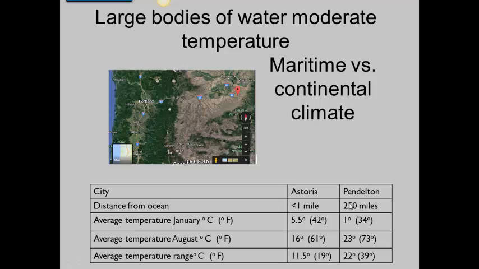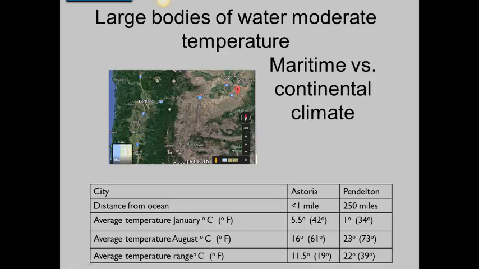The average temperature in January is about 42 degrees Fahrenheit in Astoria, whereas it's 34 degrees Fahrenheit in Pendleton. The average temperature in August, however, is lower in Astoria, about 61 degrees Fahrenheit, whereas it's about 73 degrees Fahrenheit in Pendleton.